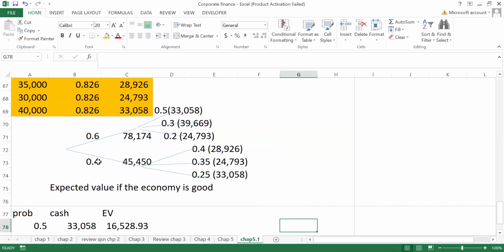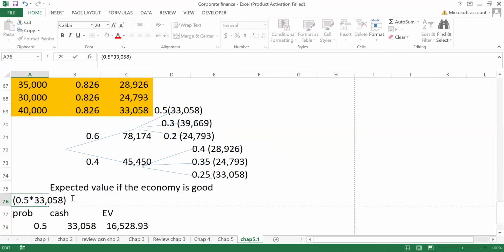Let me write it down here, maybe it can make sense. What we are getting is 0.5 times 33,388, that's how we calculate it. Plus 39,669 times 0.3.